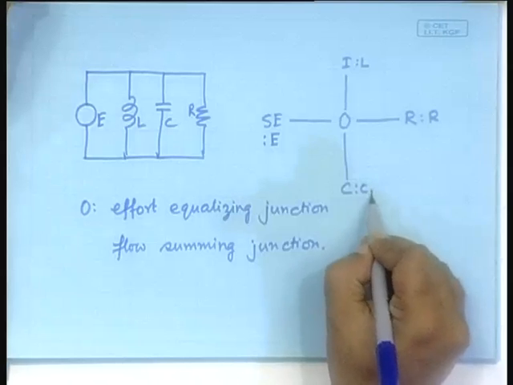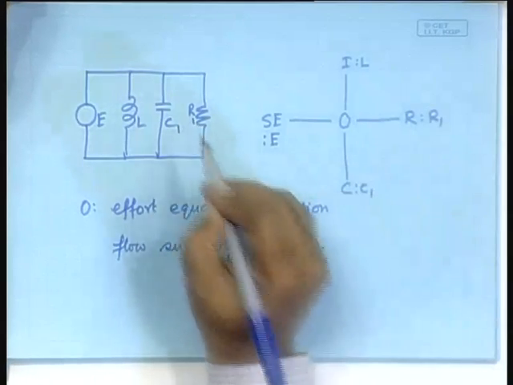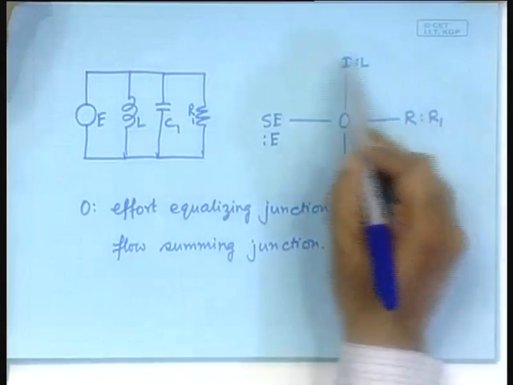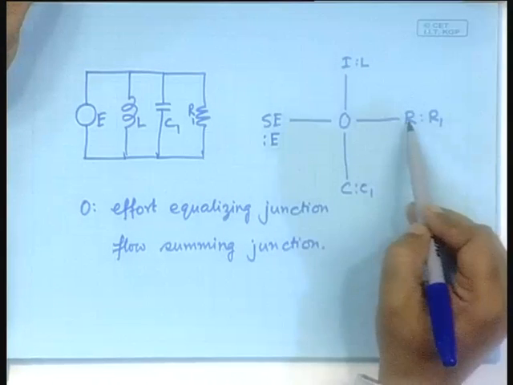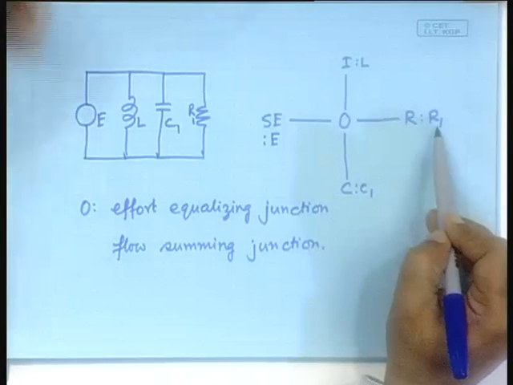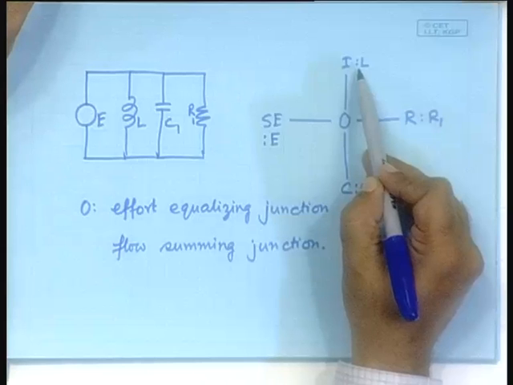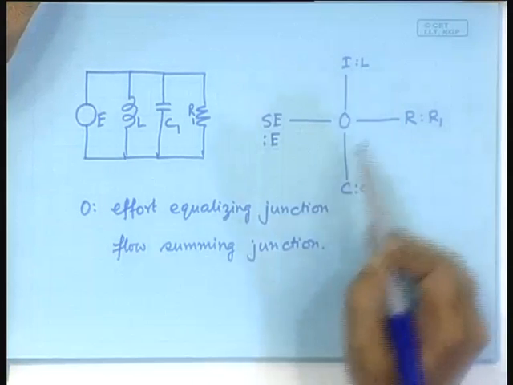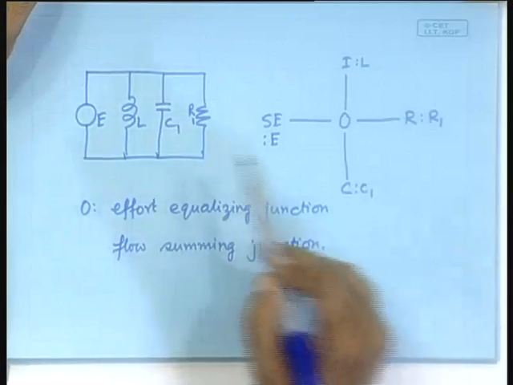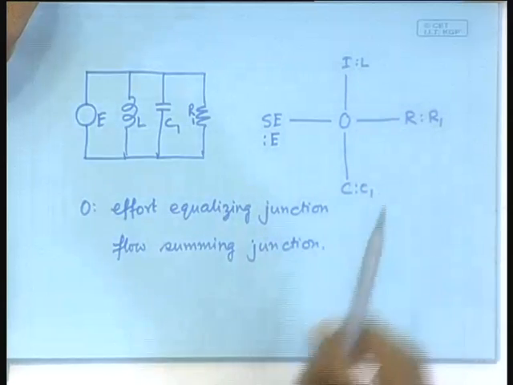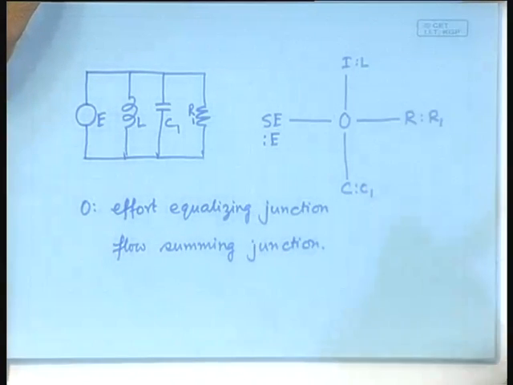In that case you would write C1 R1 and stuff. So, that is the convention, that we write the generic symbol first, and then what it is that we write with a colon. So that if you draw a large bond graph, each element is properly specified.